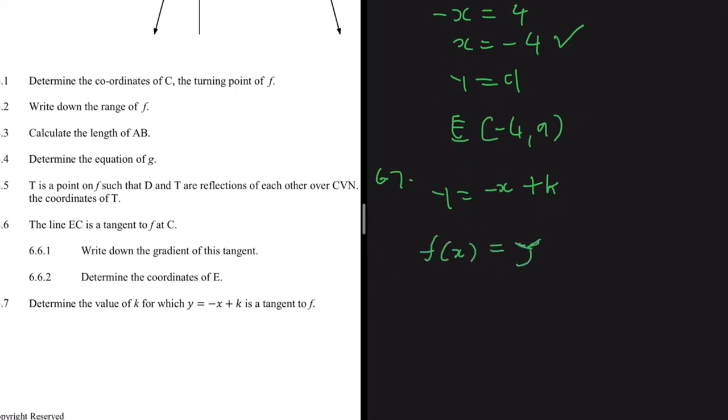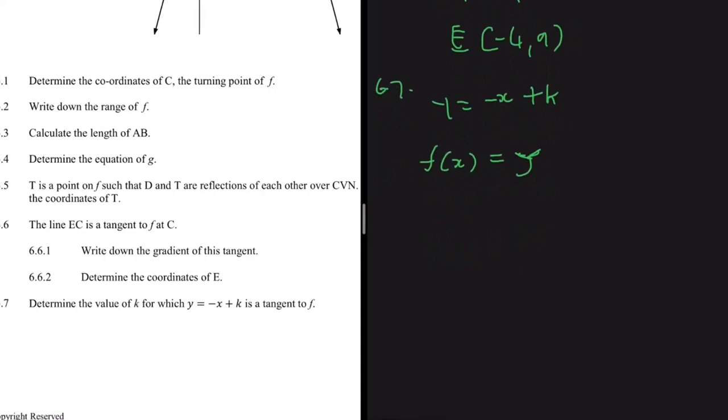Because if it's a tangent, then they touch at some point. If we determine the y value where they touch, and the x value where they touch, then we can determine the value of k, right? So let's start with the x value where they touch.